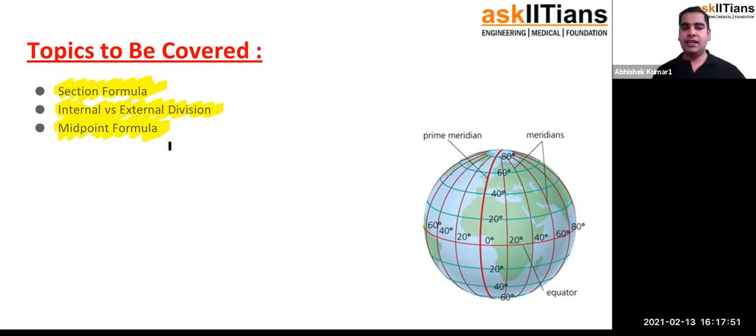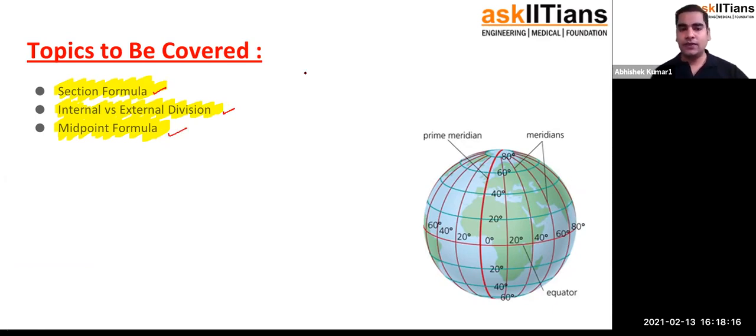As the name indicates, in this topic we are going to discuss how you can find the midpoint of any line joining any 2 points. So these are the three topics we are going to focus on in today's session. I hope you all got it: section formula, internal versus external division, and the midpoint formula.